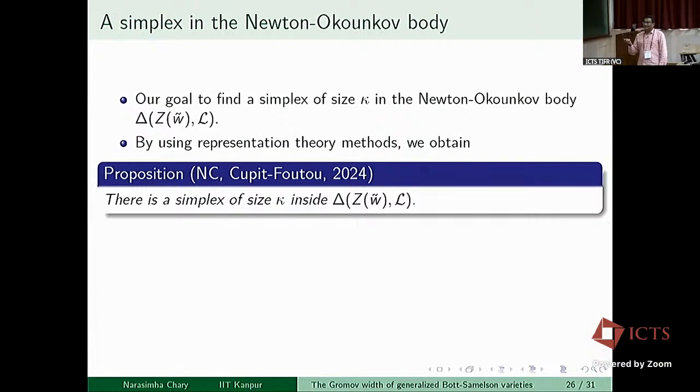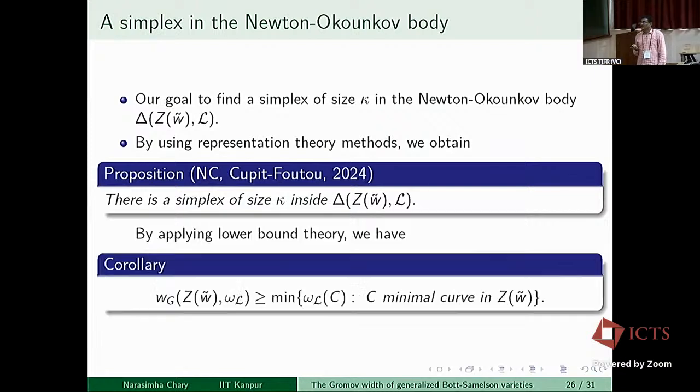I am not mentioning it here, but we used a lot of representation theory ideas. Then using our lower bound theory, we have a polytope and a simplex, so we have a lower bound for this.